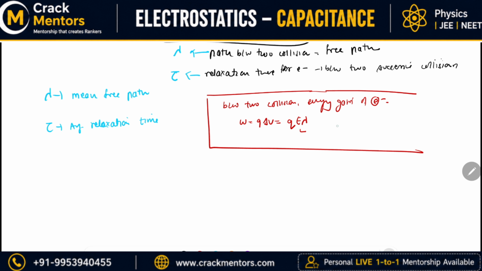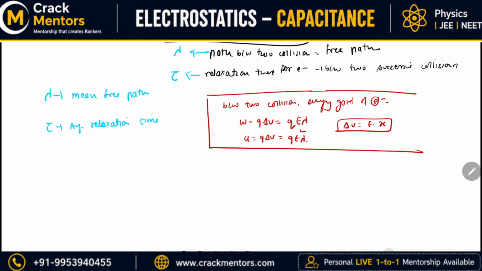Why this? Because delta V is equal to E dot X, and I am talking about the potential difference between the two collisions. The path between the two collisions is lambda. So work done is equal to QE lambda, and therefore the energy gain will be equal to QE lambda. I hope that's clear.